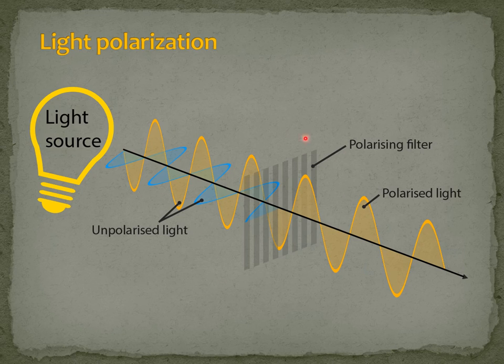The polarizer filter basically only allows the wavelengths to pass through these slots, and the blue rays are prevented from passing. So all the light that passes through the polarizer is all in the same direction. Is this so important?